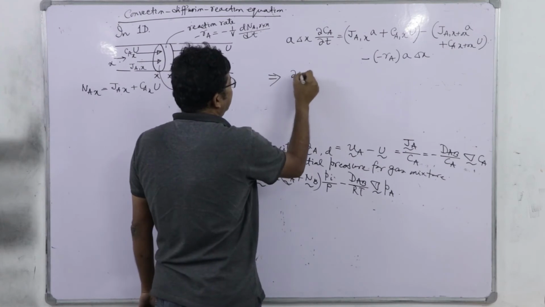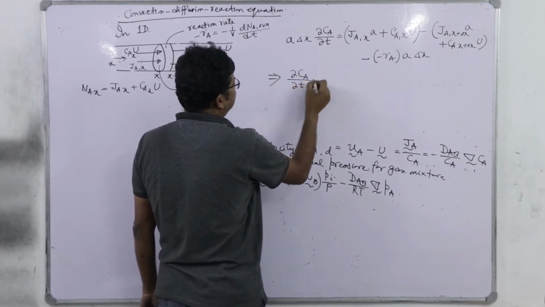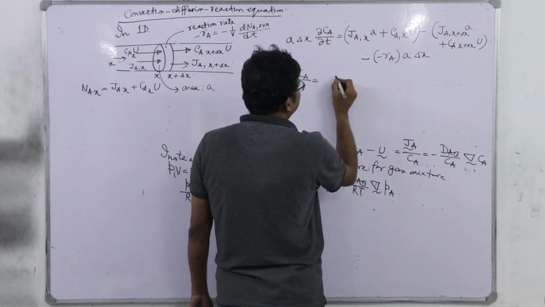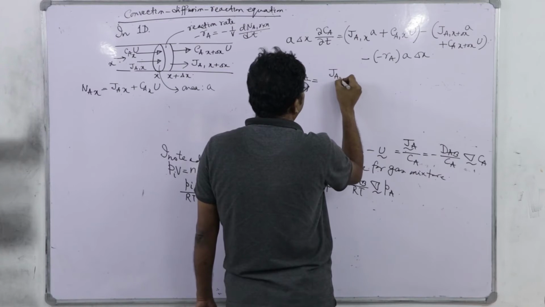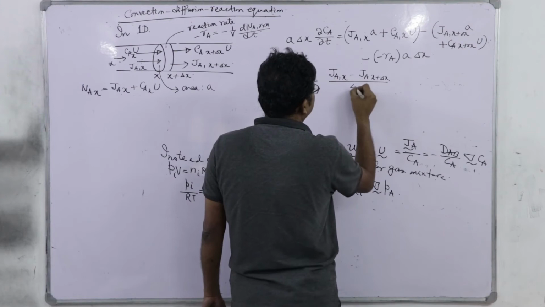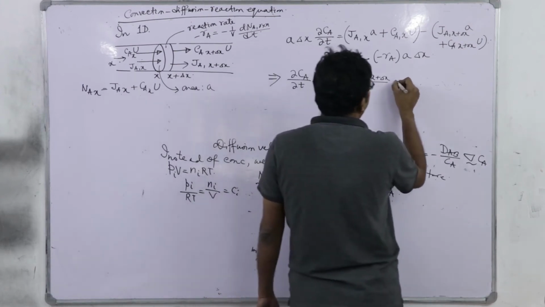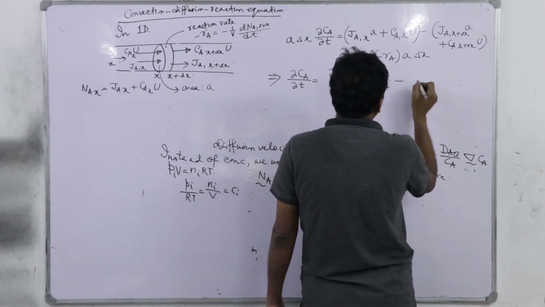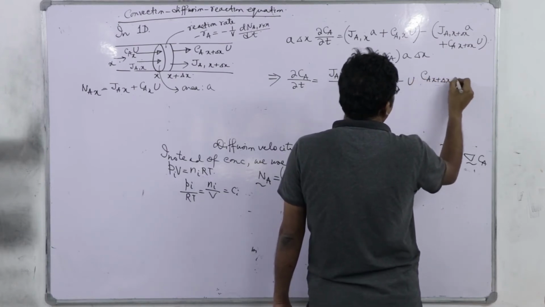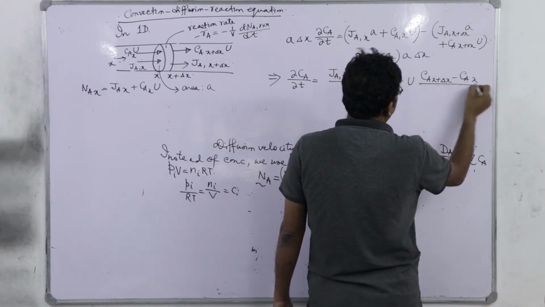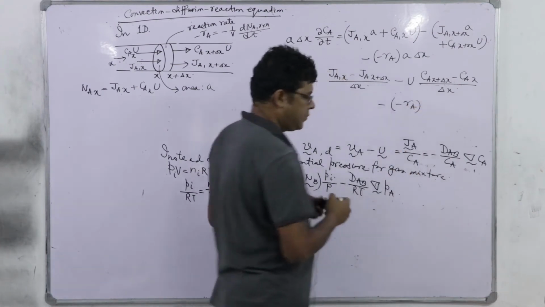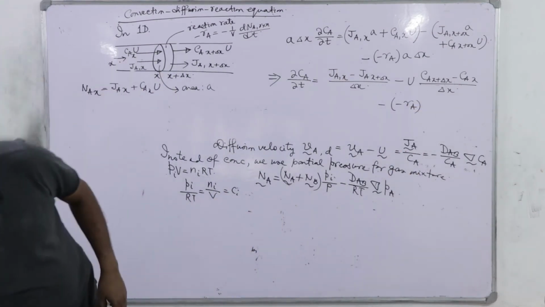So, if I divide this equation by small a into delta x, I get J_Ax minus J_A at x plus delta x divided by delta x, then minus U into C_A at x plus delta x minus C_Ax by delta x, minus of minus R_A.